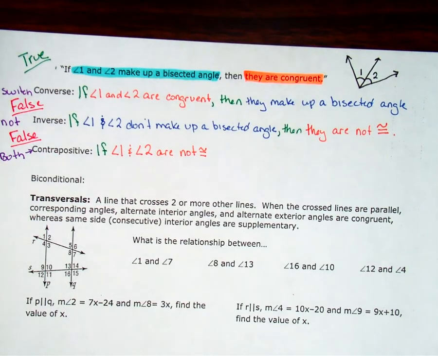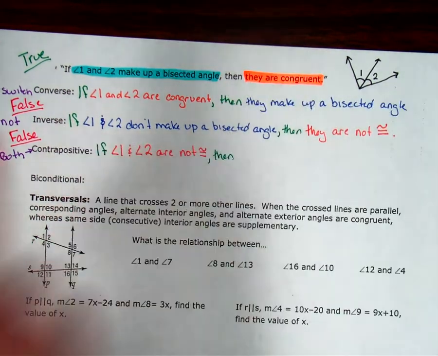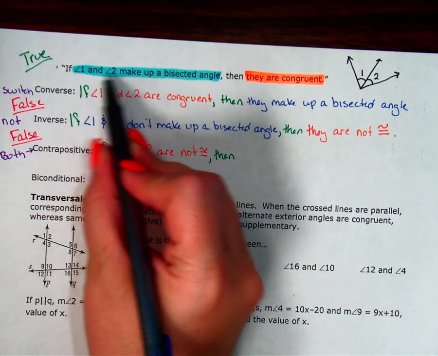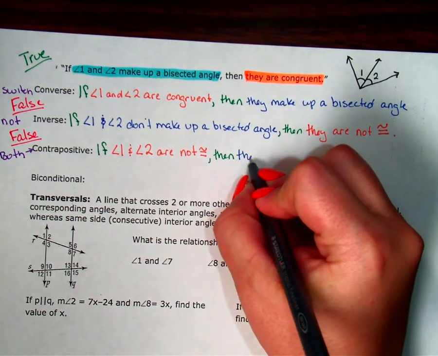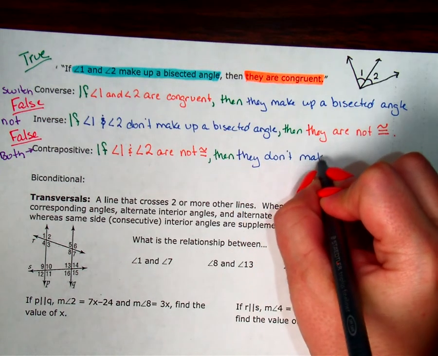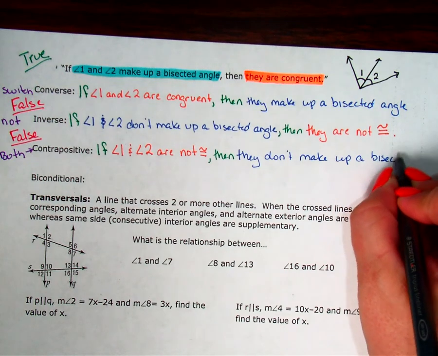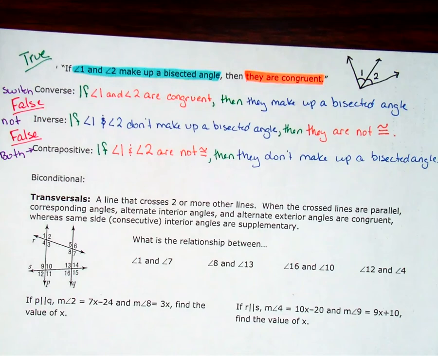then, now my first part, angle 1 and 2, or they, don't make up a bisected angle. All right, so let's look at the validity of this one.